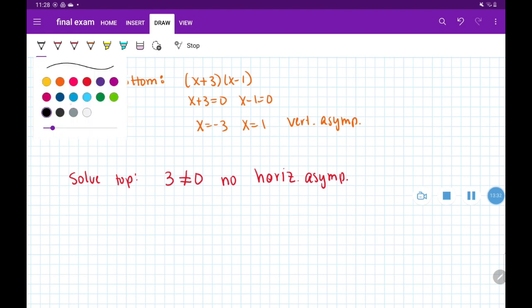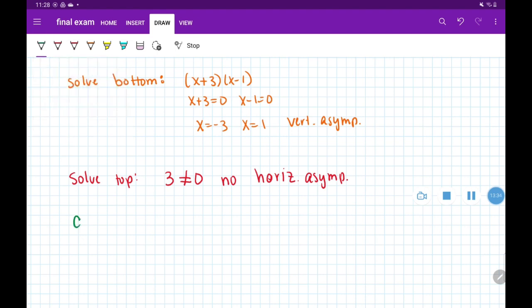And then we will compare degree. And the top is less than the bottom. So there are no vertical asymptotes or horizontal asymptotes.